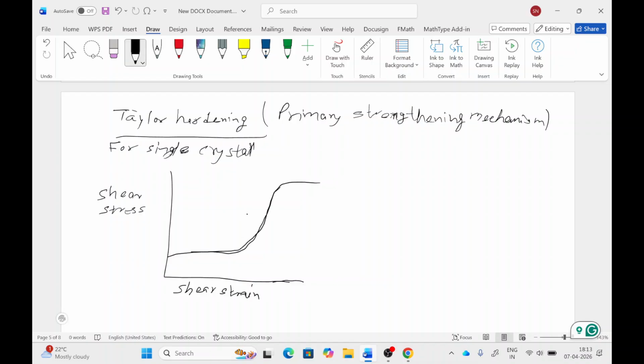So this is the stress strain behavior for a single crystal.